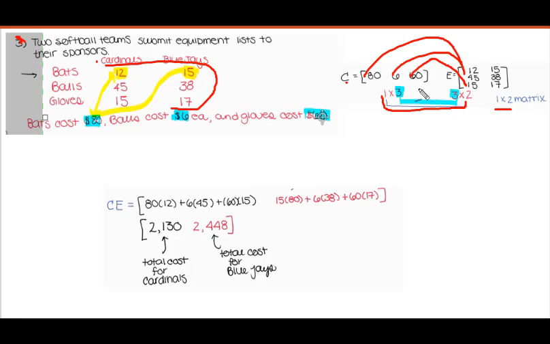Okay, and likewise, if we multiply those same unit amounts by this column, we will get the 1 by 2 matrix for the Blue Jays.